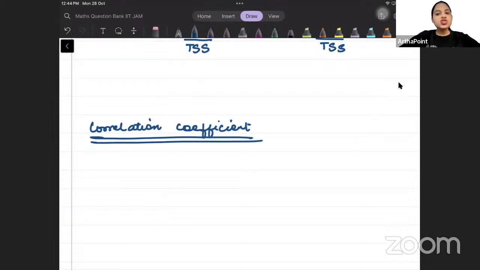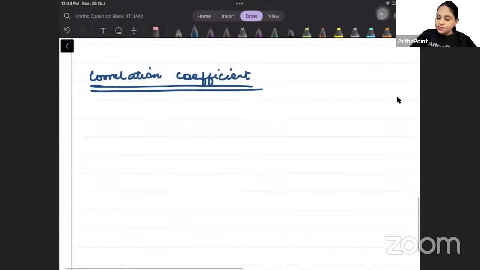Because this is just telling us how much one variable is affecting the other variable. And that effect, how one is affecting the other, can be negative or positive.